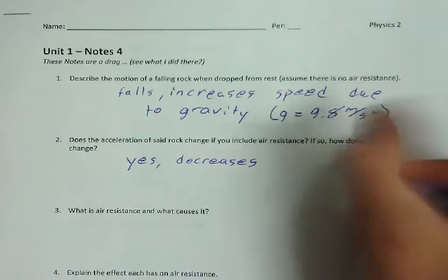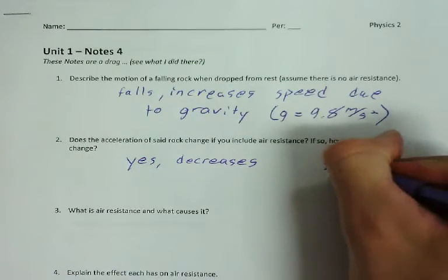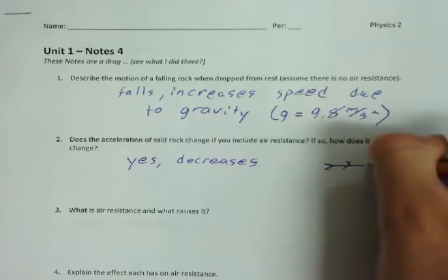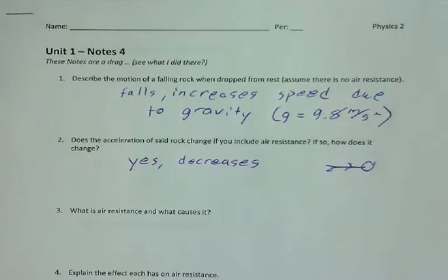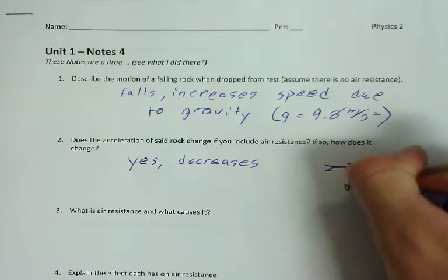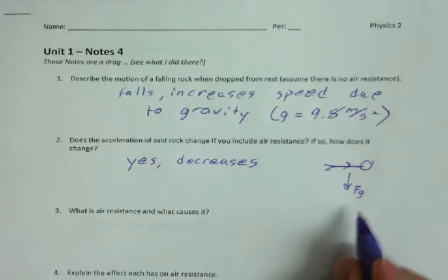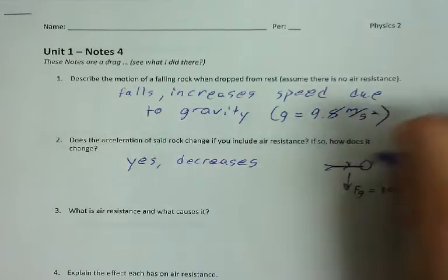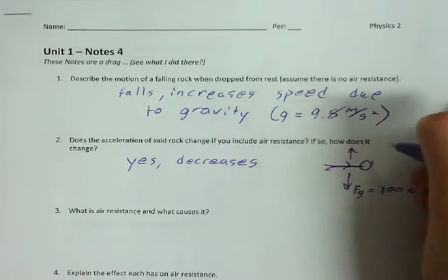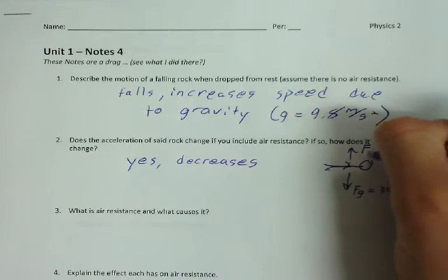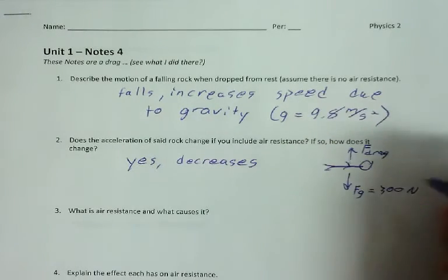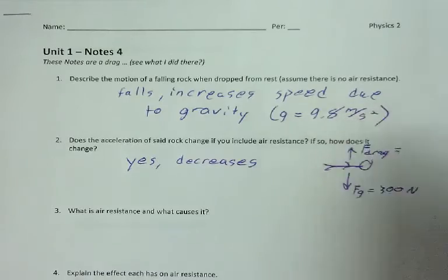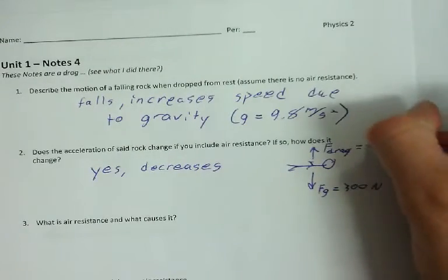So if here's my object, okay, falling because of gravity. If you know what the force of gravity is, say it's 300 newtons. If you know what the air resistance force is, or drag, whatever you want to call it, let's say that that force is 250.